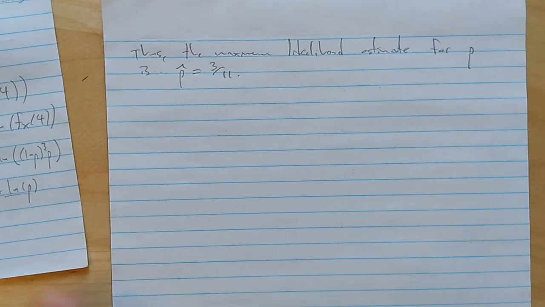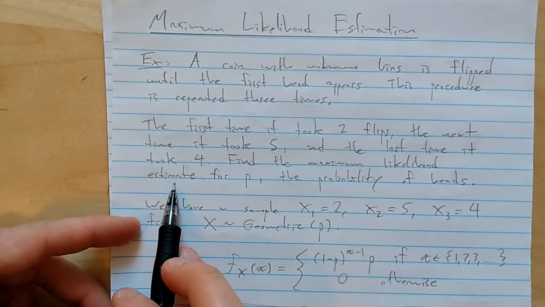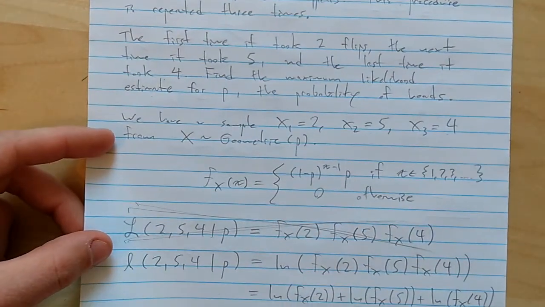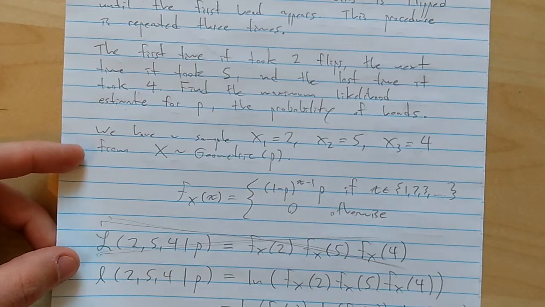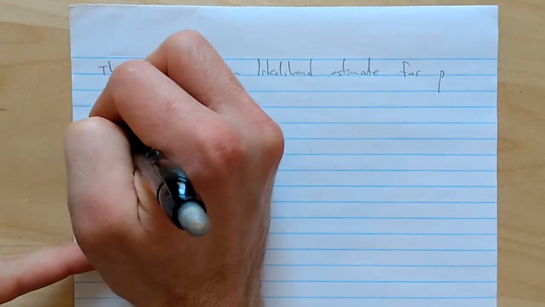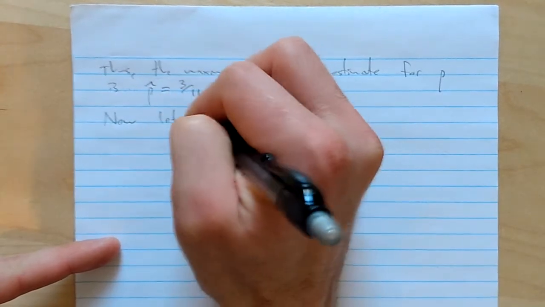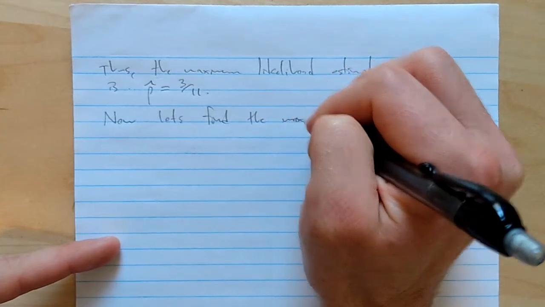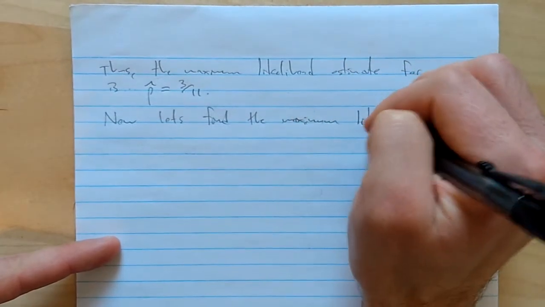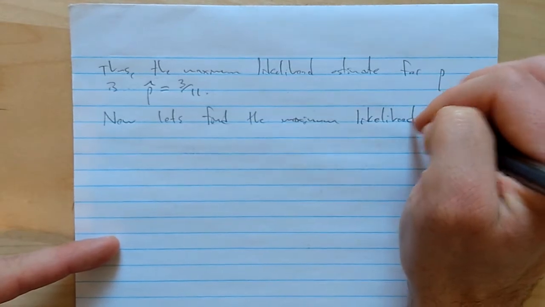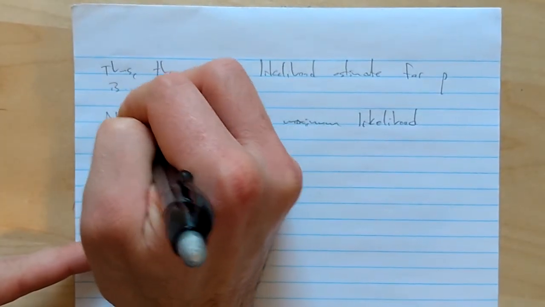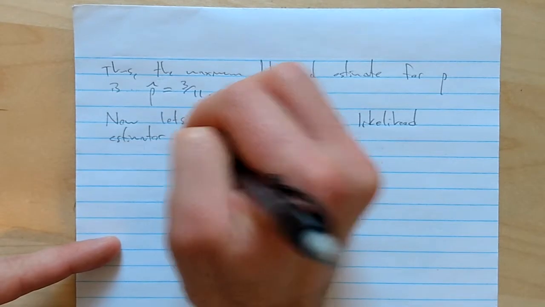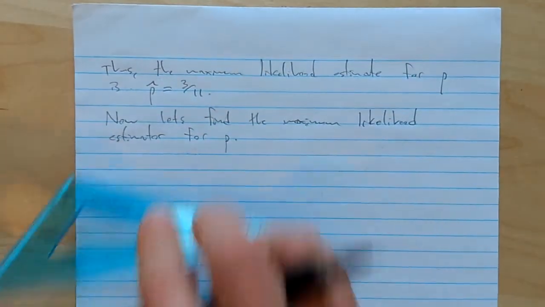One more thing. What we did there was we found the maximum likelihood estimate, which is a number. And remember, the maximum likelihood estimator is a function. So now let's find the maximum likelihood estimator for p.